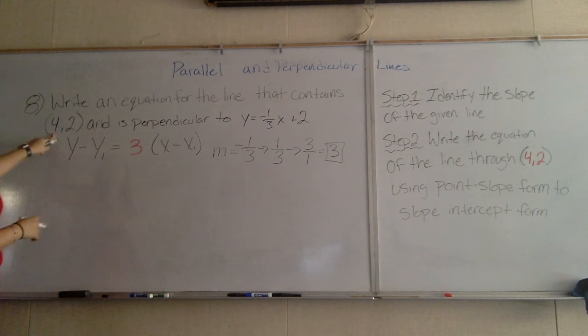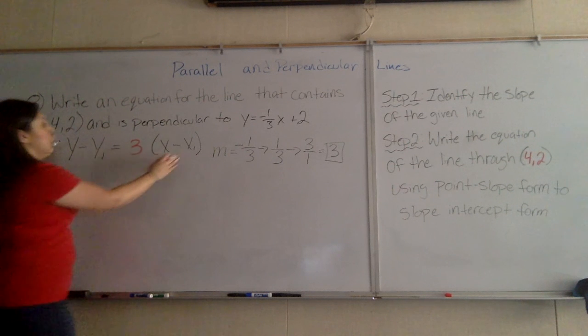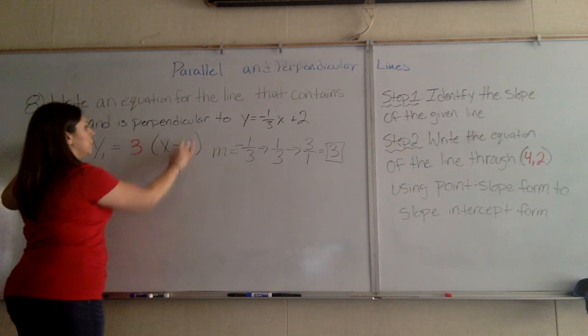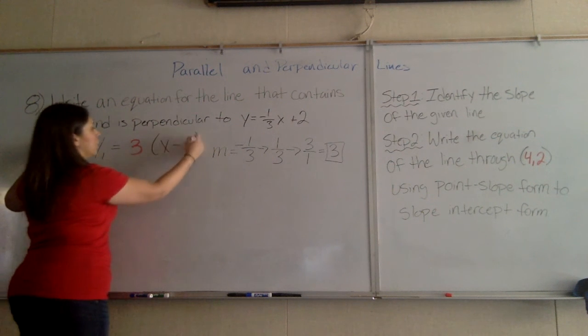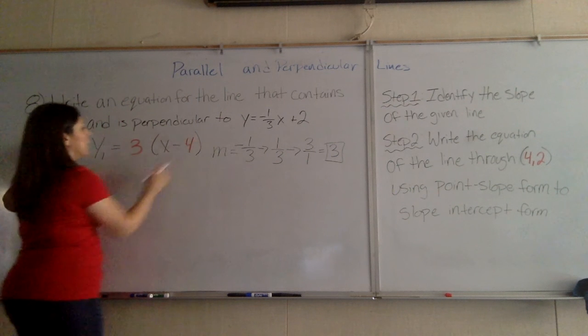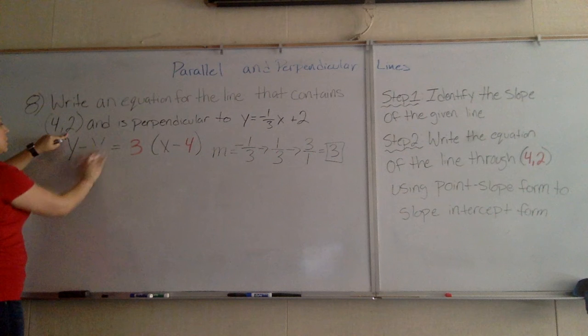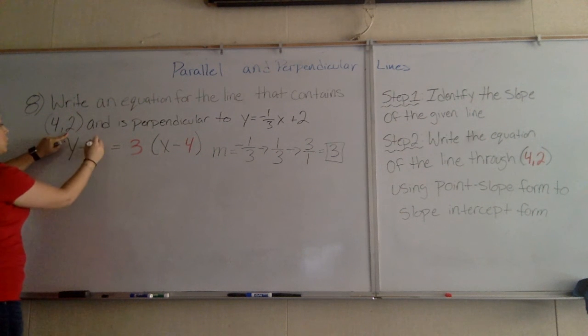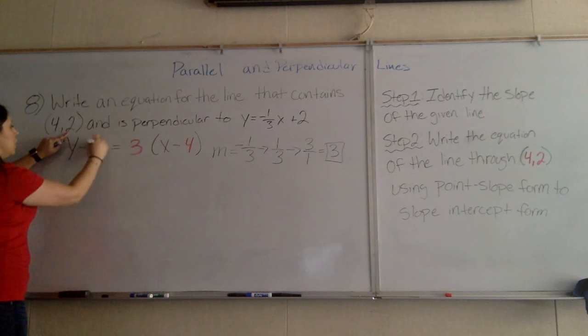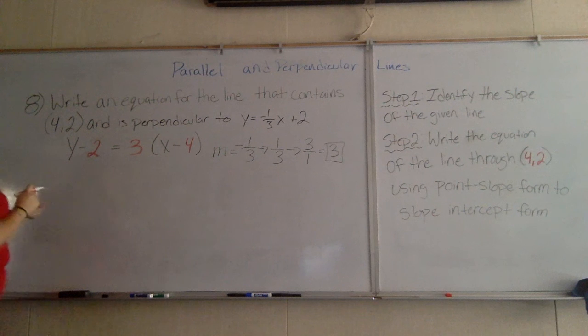So since I see a positive 4 here, my x is going to be a negative 4. And since I have a positive 2, I'm going to erase this, keep my subtraction on my negative, and write a 2. So this is my point slope form.